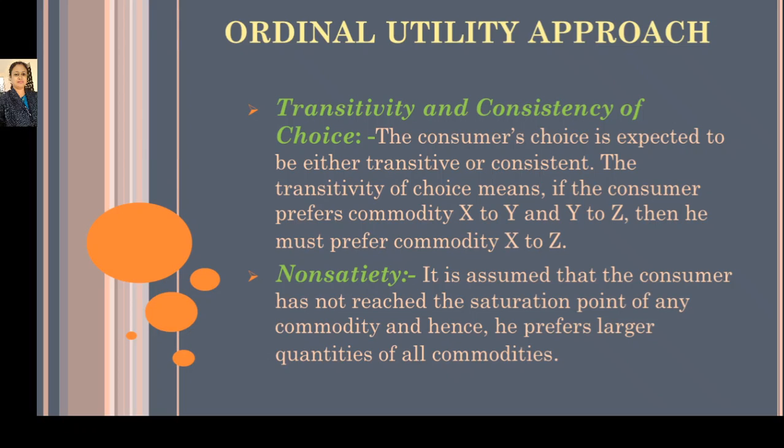The transitivity of choice means if a consumer prefers commodity X to Y and Y to Z, then he must prefer commodity X to Z. Consistent means if a consumer at one time says that he likes X more than Y and he likes Y more than Z, then he likes commodity X more than Z. Okay.